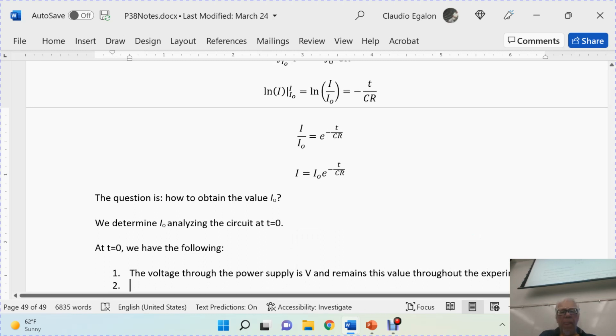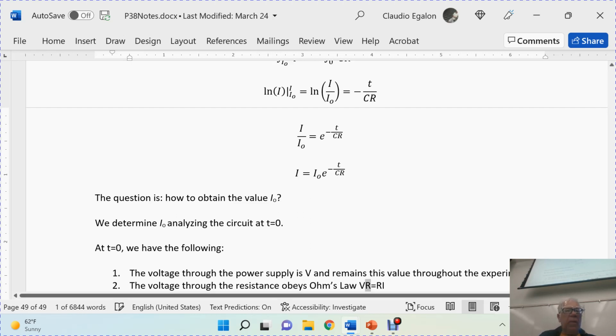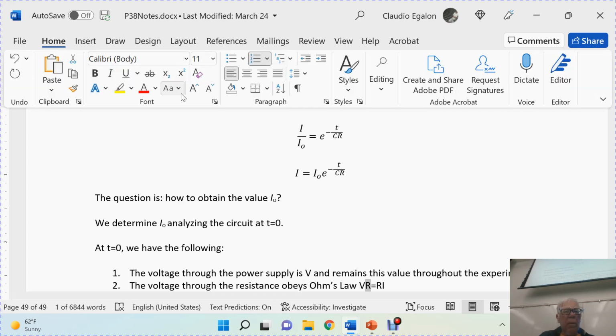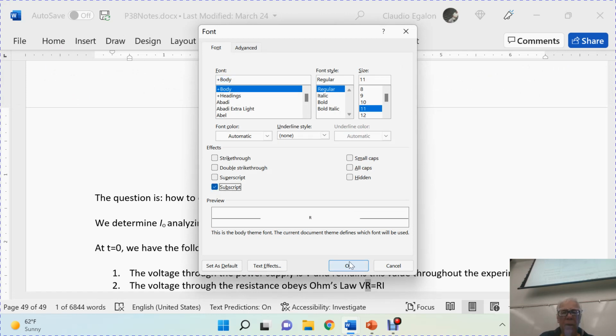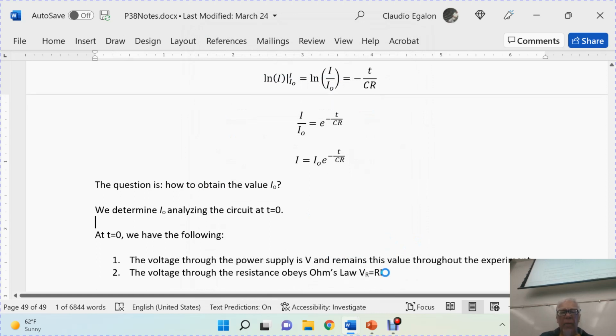Next, the voltage through the resistance obeys Ohm's law. And when I write that down, I have V subscript R, right? Subscript is going to be RI. Well, this RI is actually R I naught, right?